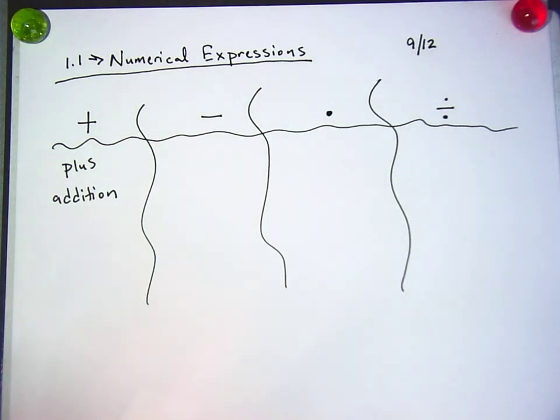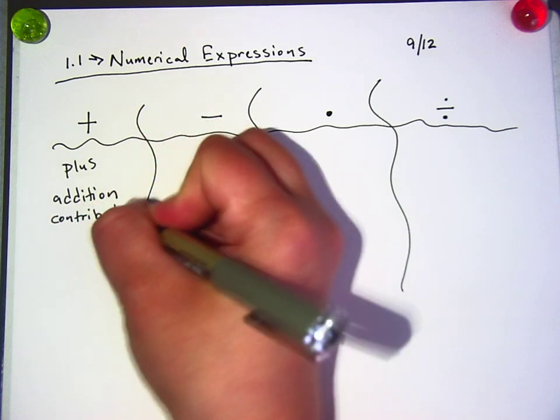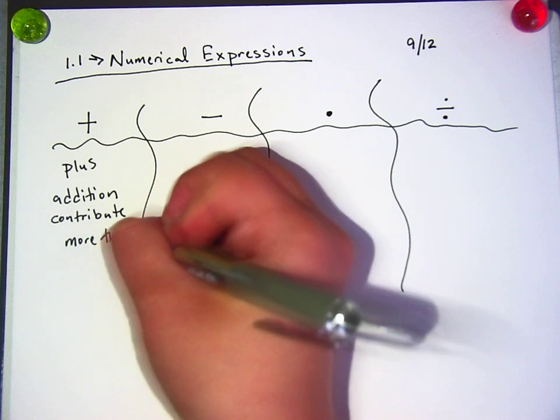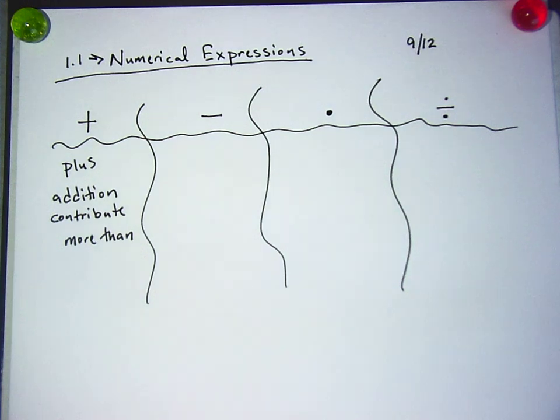Oh, that's not bad. I don't mind that. Contribute, sure. How about more than? That's one that's definitely adding. What else? Greater than? No, not necessarily. That's more of an inequality. Does anybody know the fancy word for the answer once you add two things together? Sum.